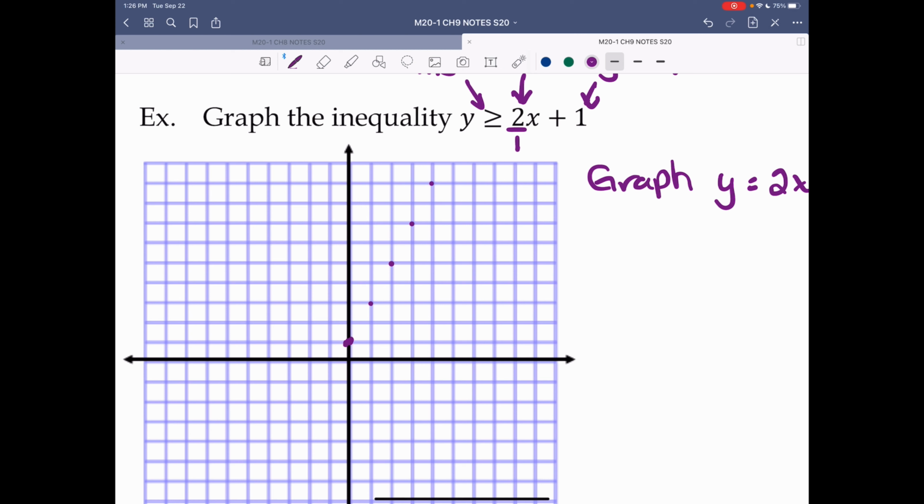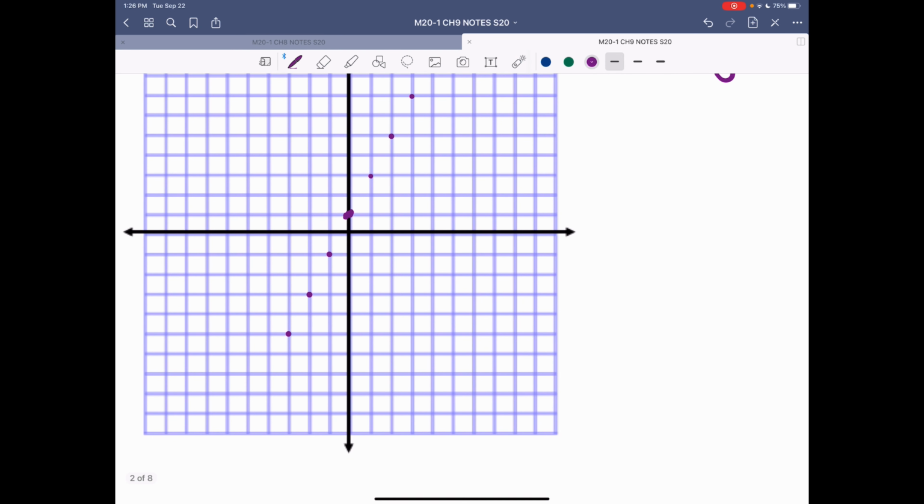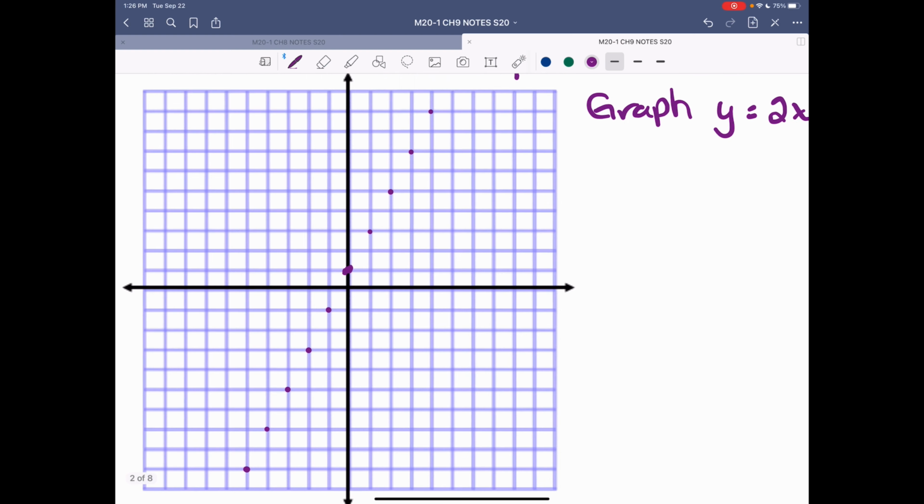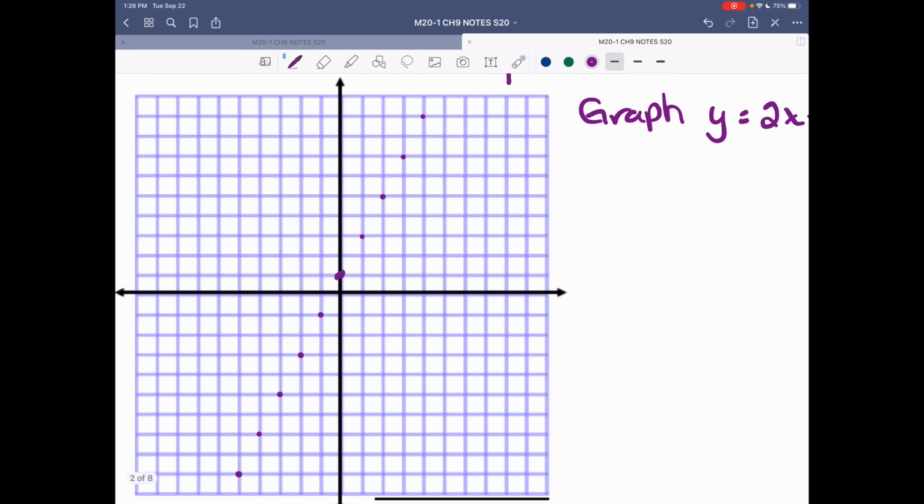From my intercept, I can also go down 2, left 1, down 2, left 1, down 2, left 1. Then I can join my points together because this one has an equal, so we're doing a solid line.